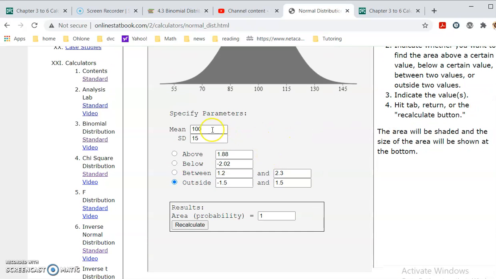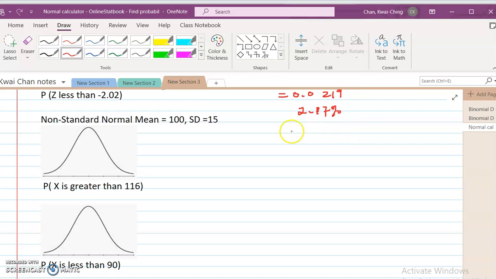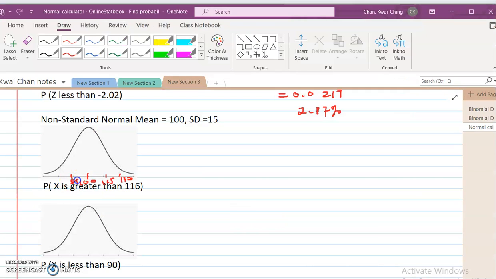Once you do that, you have the new labels available, so you can use this even if you are not using the calculator to do your markup. 100, 115, because that's one standard deviation, 130, and beyond this is 85 and 70.